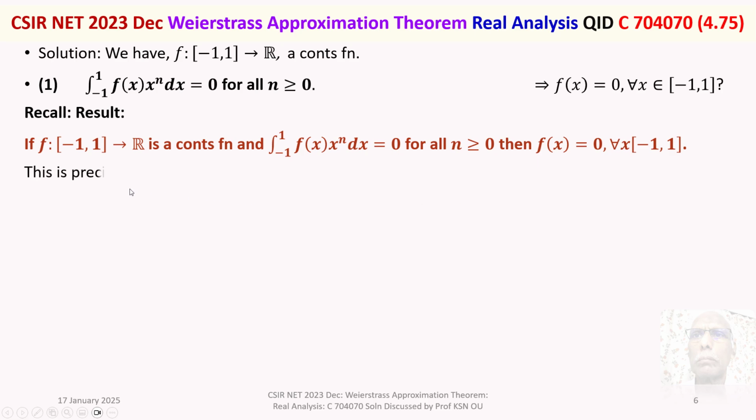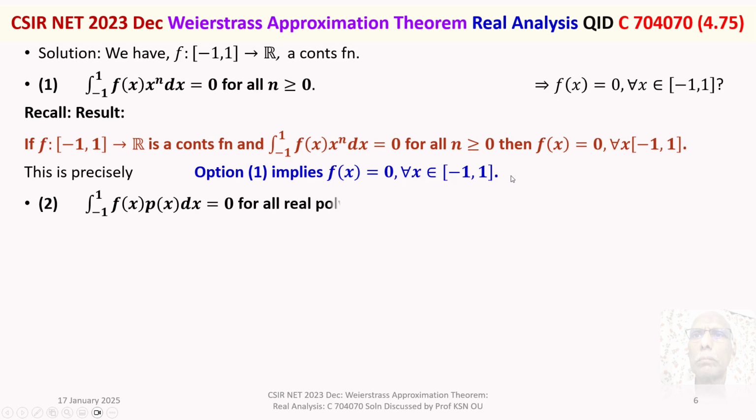This is precisely option 1 implies f of x is equal to 0. By this result, the option 1 implies f of x is equal to 0 for all x belongs to -1 to +1. Thus, the option 1 is true. So option 1 will imply f of x is equal to 0 for all x belongs to -1 to +1.